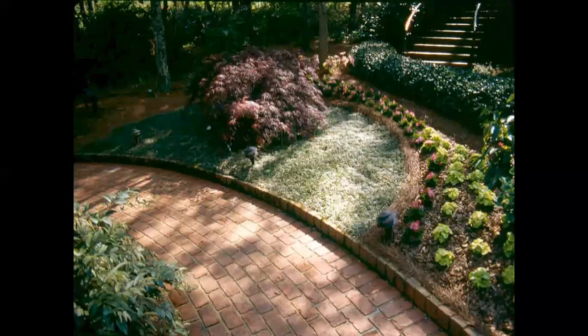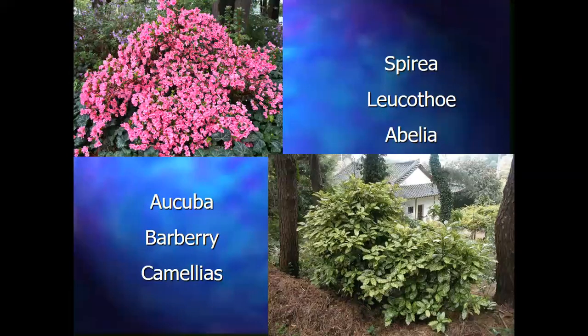See this shady area? You got well-adapted plants. The Japanese maples, they can handle some shade. You got what looks like maybe some mondo grass and some begonias, looking pretty good. Here are some plants that can tolerate shade.